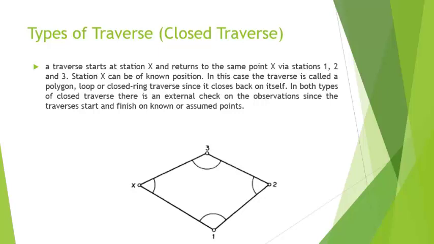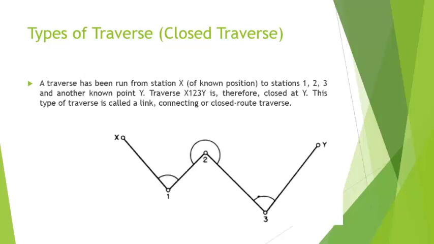The first is the one that starts and ends on the same point, forming a loop, while the other is called link traverse, where it starts and ends with different points, but both of these points must have certified coordinate values.